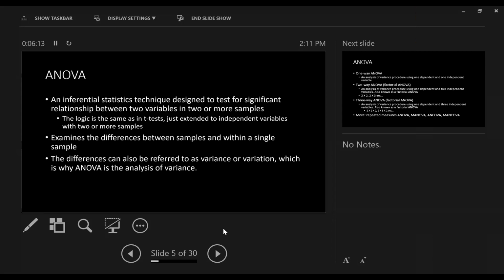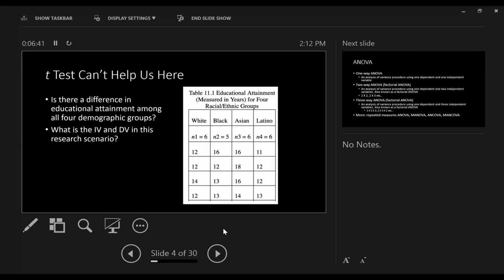It's the exact same thinking as a t-test, but we're extending to independent variables that are in two or more samples. The goal of an ANOVA is to examine the difference between the samples and within a single sample. So it can do both between and within. That difference that we measure is often referred to as variance or variation, which is why ANOVA is an analysis of that variance.